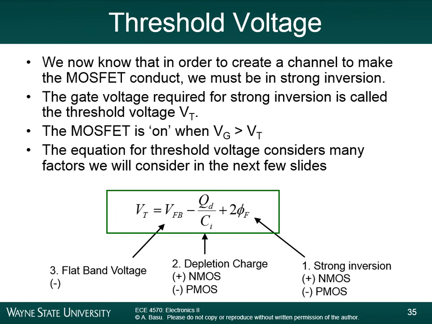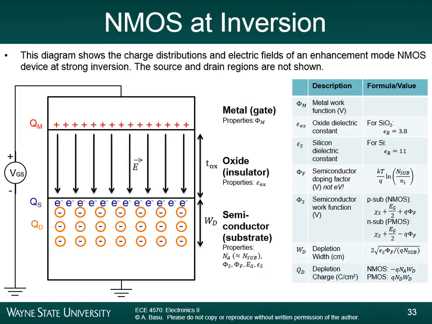Since we're talking about the inversion, remember how we derived the electrostatics of the diode, right? We said this is the depletion region, this is the charge density in the depletion region, these are the electric fields in the depletion region, the maximum electric field occurs right at the interface to the P and the N material. We did the same sort of thing for a MOSFET.